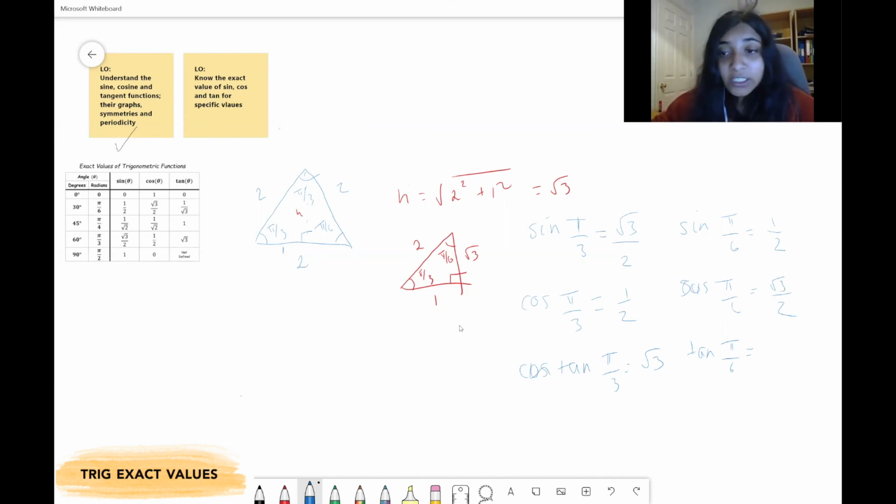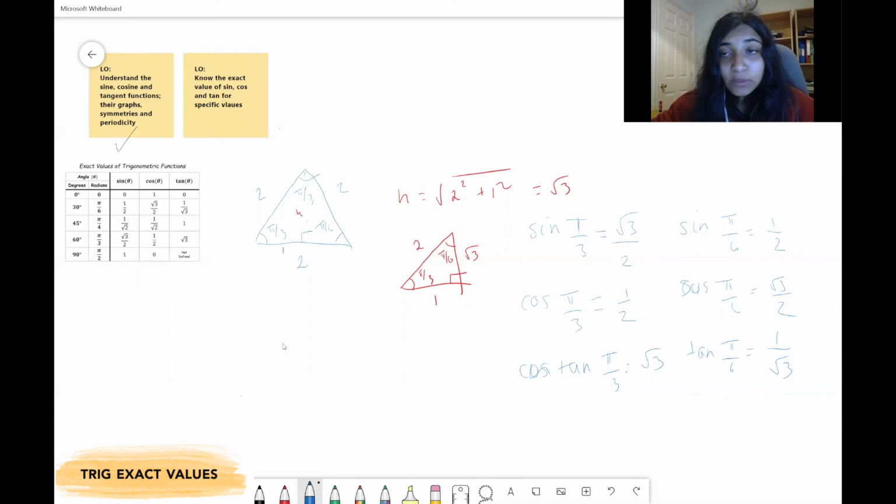So tan of pi over 6 would just be 1 over root 3. So that's all the values that we derived for pi over 6 and pi over 3.